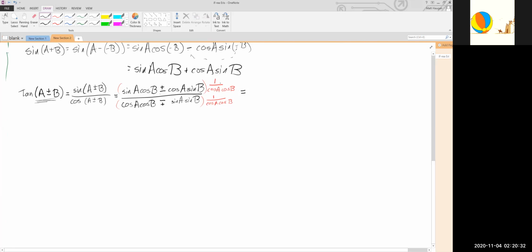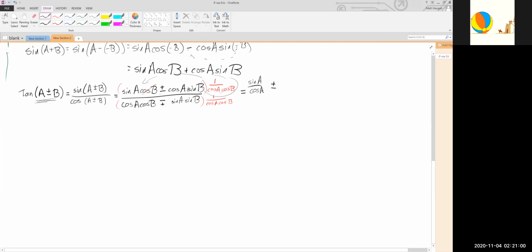Okay, what happens? When we distribute this to that first term, the cosines of B cancel, and we're just left with sine of A over cosine of A. Well, gosh, what's that going to turn into? Plus or minus.